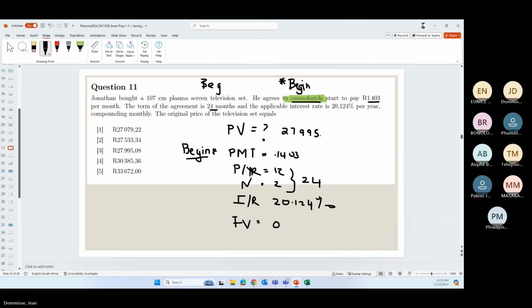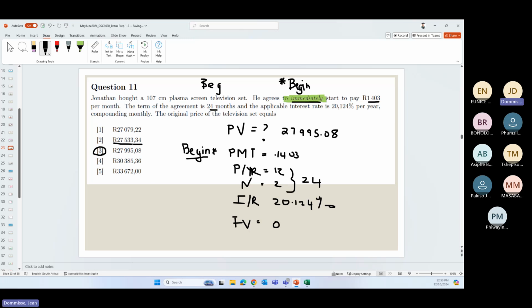And then that will give us the present value of 27,995.08. So if you had not used the begin function and we worked it out without it, your present value would have been 27,533.34.